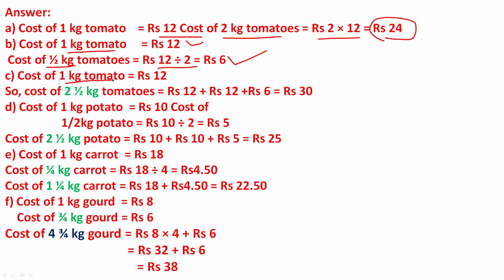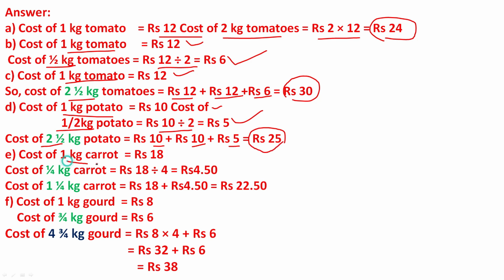Cost of 1 kilogram of tomato is 12 rupees. 2.5 kg we want, so 12 plus 12 plus half kilo 6 rupees, so totally 30 rupees for 2.5 kilogram of tomatoes. 1 kg potato is 10 rupees, so half kg potato is equal to 10 divided by 2 is equal to 5 rupees. 2.5 kg, so 1 kg 10 plus 10 20, half kg 5, so 25 rupees for 2.5 kg of potatoes.